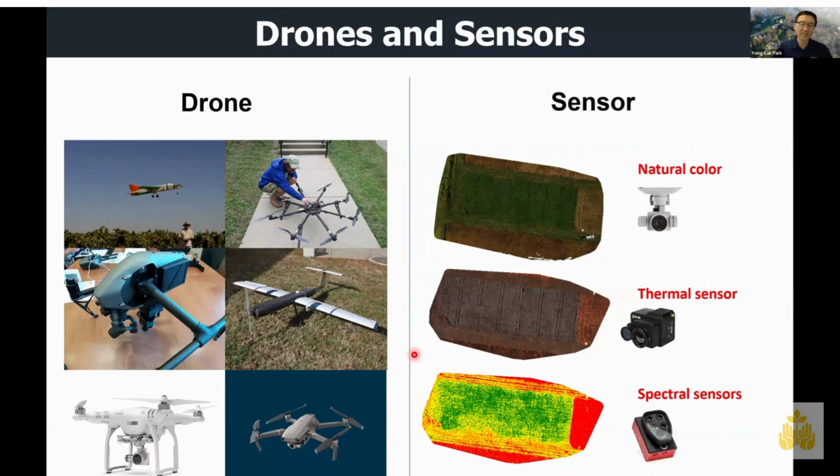Those are the things the next two speakers will talk about. My point here is that a drone is an airplane, and when you put something into it, it makes the drone more useful, especially in agriculture.